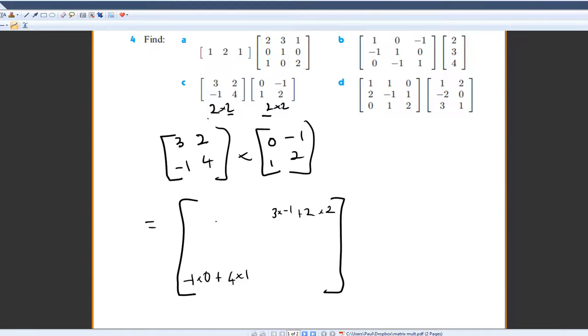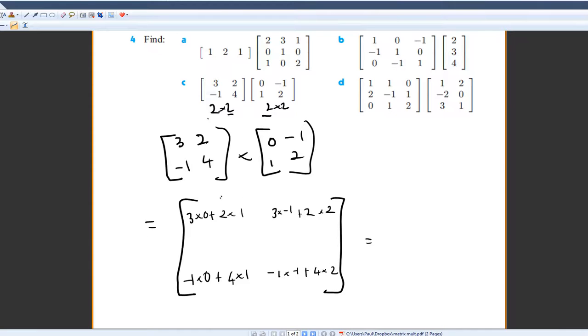Alright, now I'm going to get position 1, 1. That's 3 times 0 plus 2 times 1. And this one here, 2, 2. Run the second row, dive the second column. -1 times -1 plus 4 times 2.